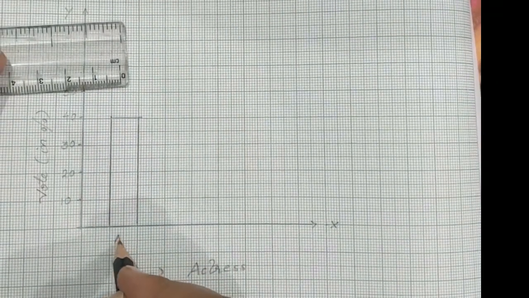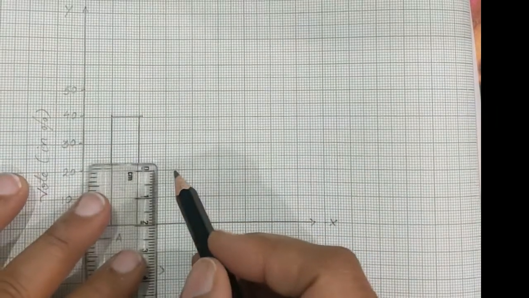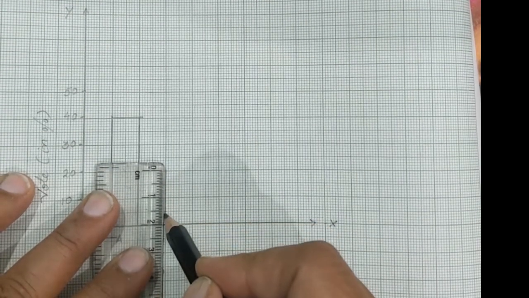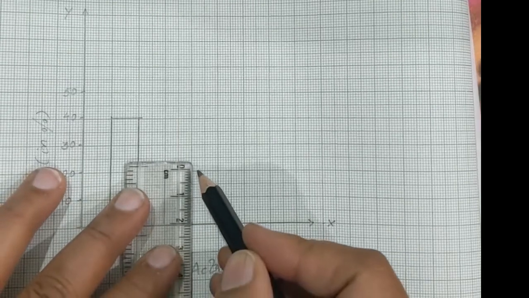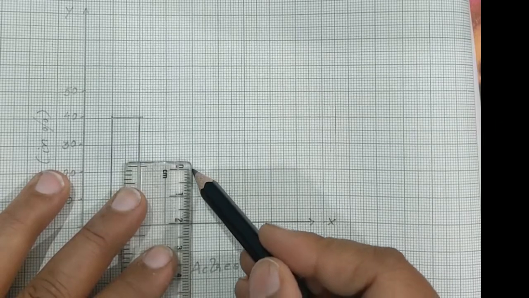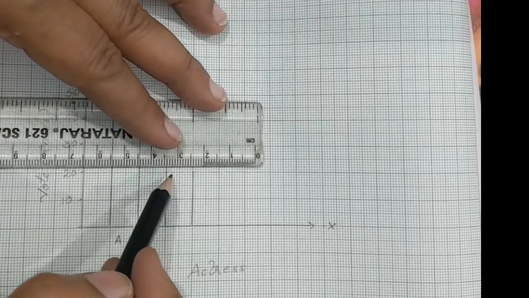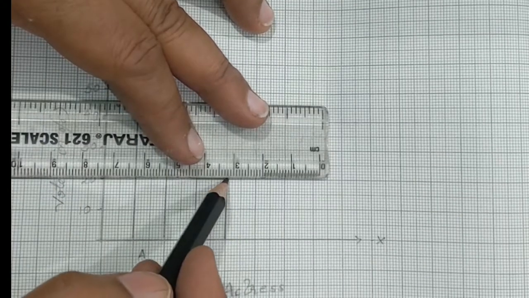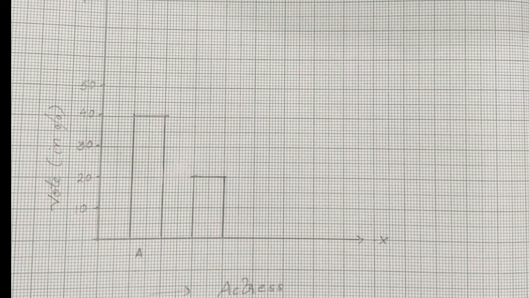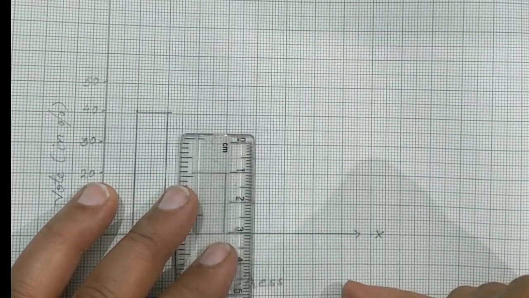Actress A. Actress B got 20 votes. So let's complete the bar. Actress C got 30 votes. So let us take the bar till 30.